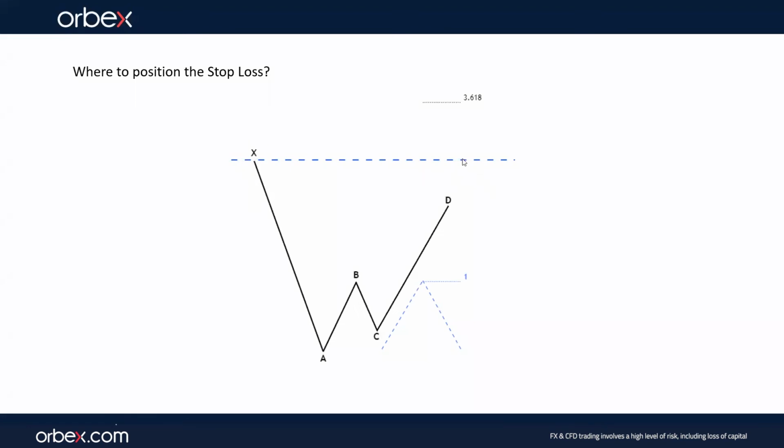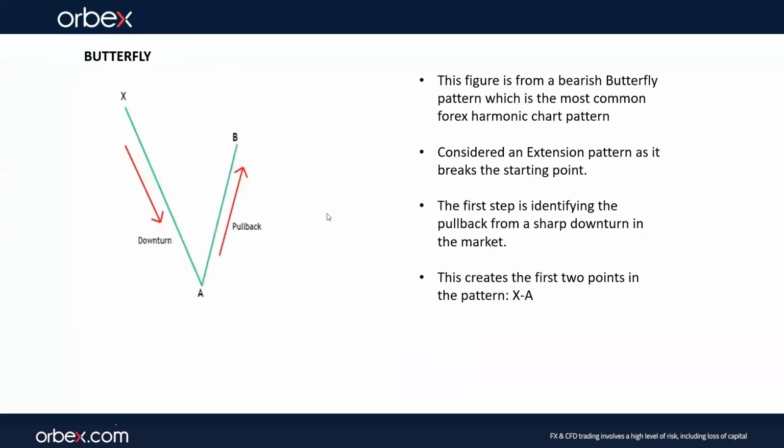So if it does, we can put our stop loss here, because if it goes past it, then it will be broken, and the harmonic pattern will be invalidated. And this is the Fibonacci extension or expansion from A to B and B to C. And it's usually from here or up until the 3.618. But usually if it does break past the origin of point X, then usually it is invalidated.